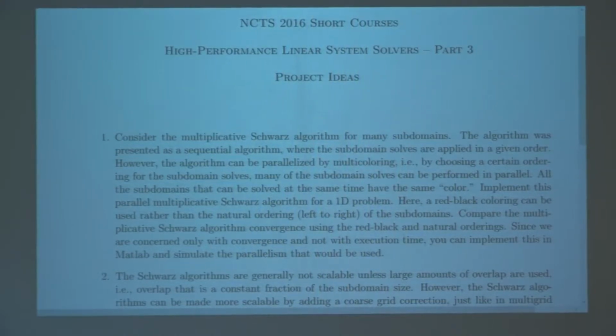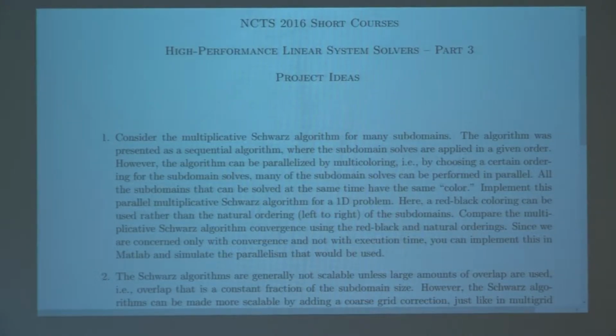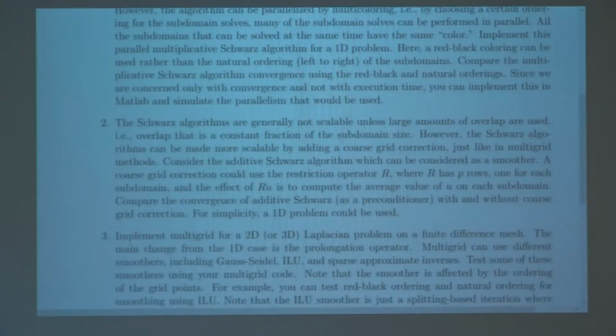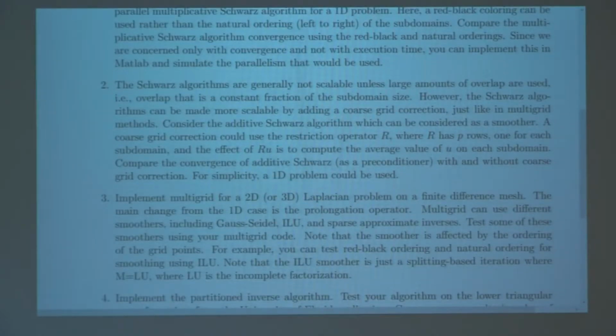And in this multicoloring ordering, many subdomain solves can be applied in parallel. So this is analogous to the multicoloring idea that we had for ILU and for the resulting triangular solves for ILU.